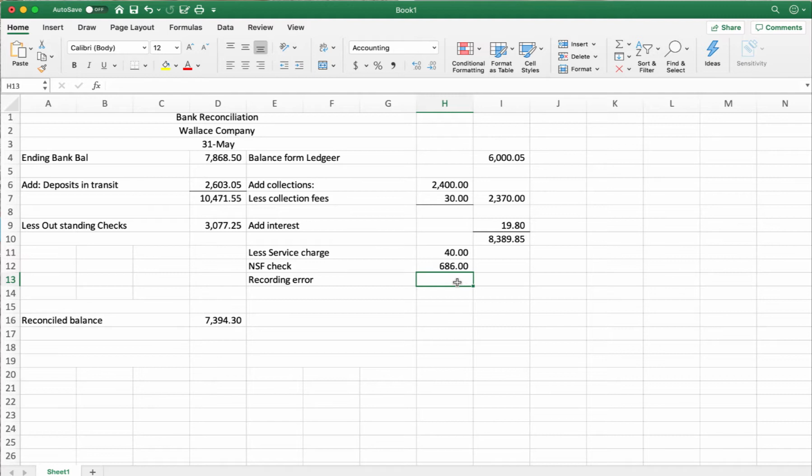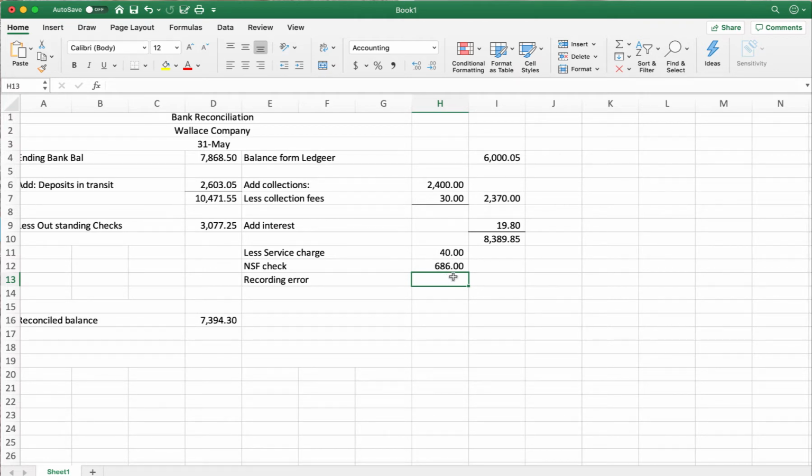So we transposed the numbers, okay? We're catching this. Our bank balance is $270 higher than it should be, okay? So we need to subtract this out. Yeah, because we said it was $360. The check was for $630.